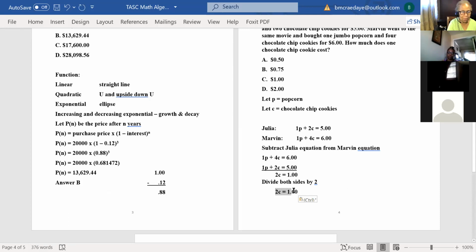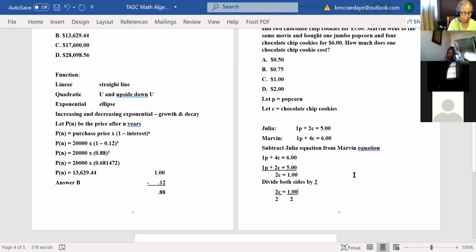So if you divide both sides by 2, this is 2c and 2. Now we don't need the other line in the middle. And $1 divided by 2 is what? 50 cents.